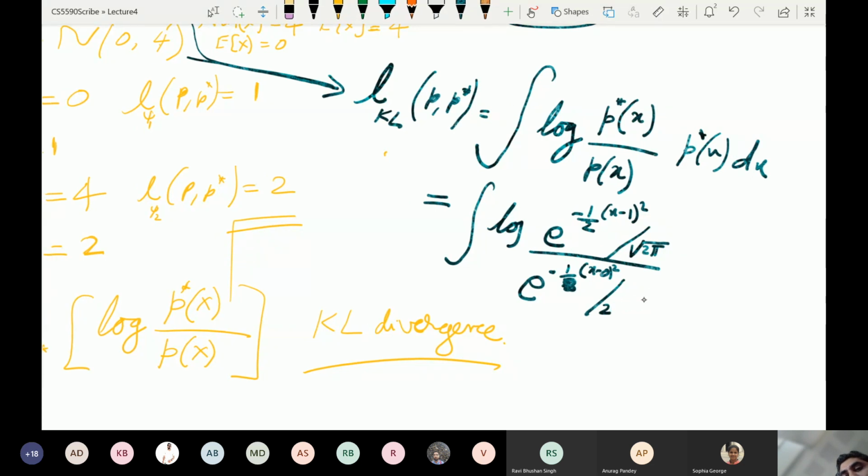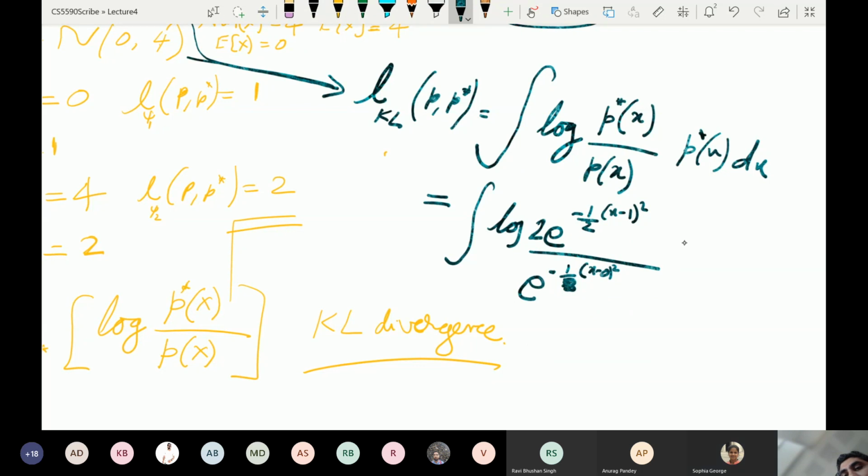Root 2 pi gets cancelled anyway, so I have a factor of 2 remaining.